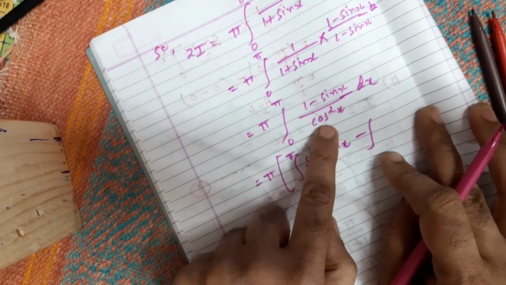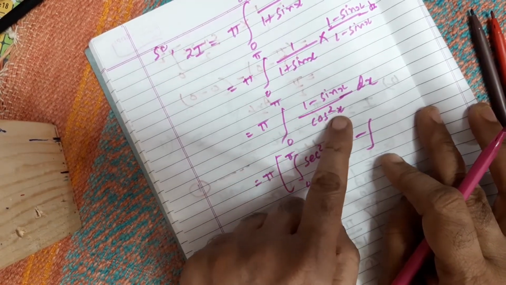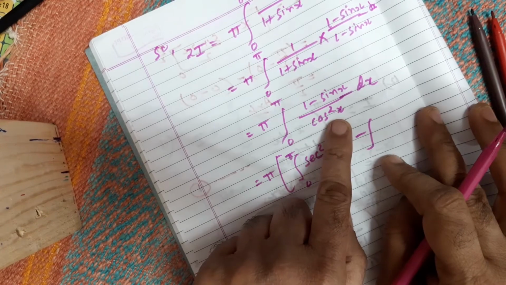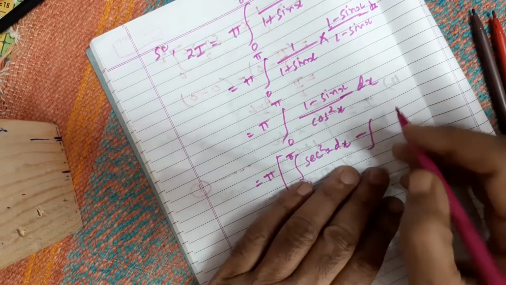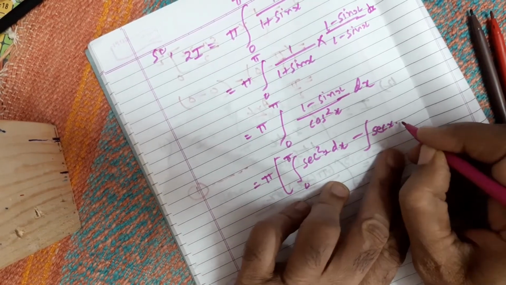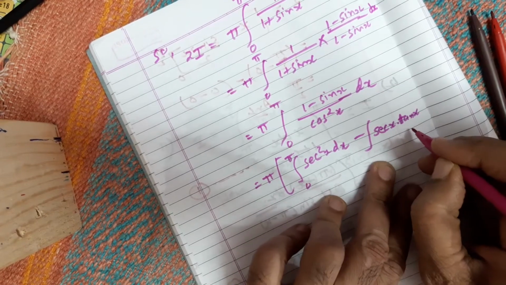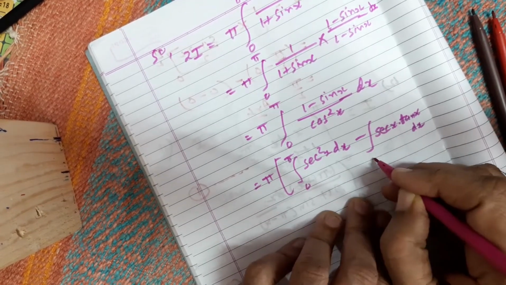Sin x upon cos x is tan x, and still one cos x remains in the denominator, that is sec x. So I can write it as sec x tan x dx from 0 to pi.